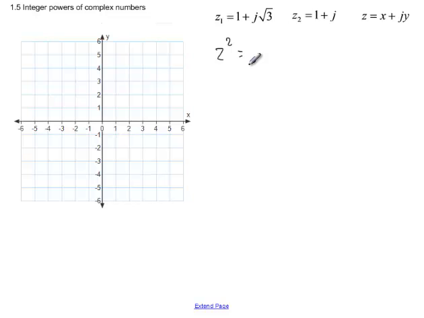So from what we know, we just multiply this number by itself: 1 plus j square root of 3 multiplied by 1 plus j square root of 3. That will be easy and straightforward because we know how to multiply two numbers.